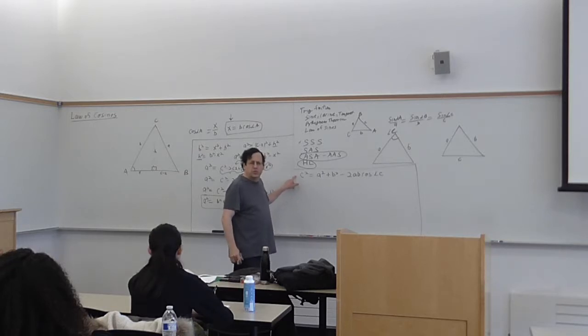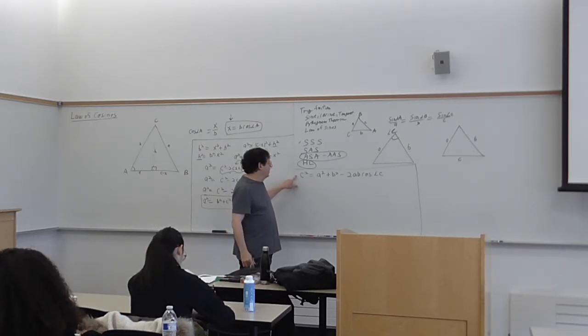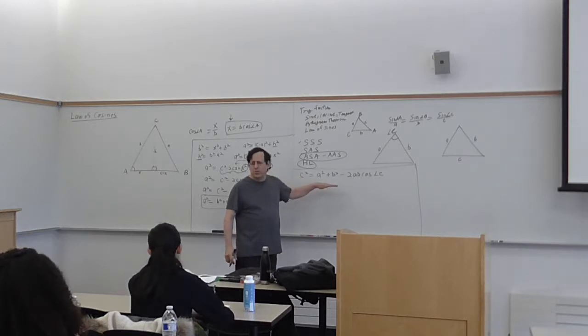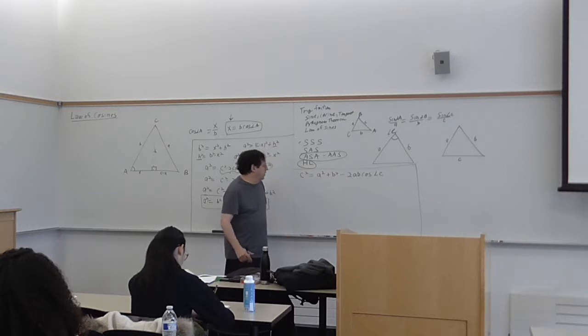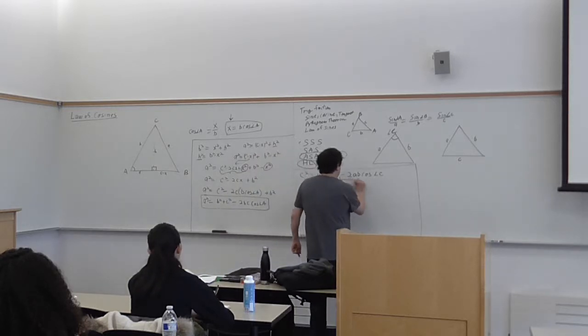The reason we usually see it in this form is that this reminds us a little bit of another theorem that we're used to, the Pythagorean theorem. It has this little extra here.